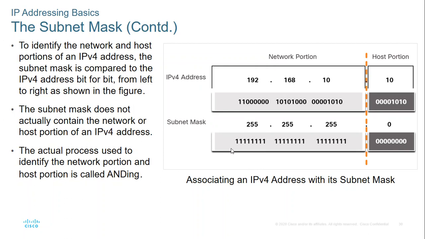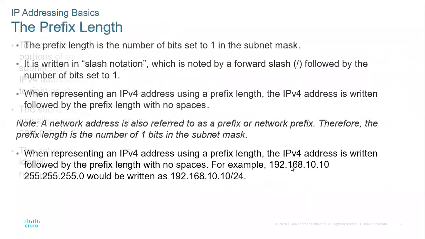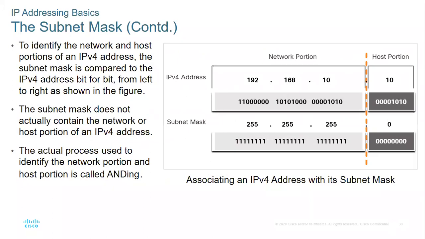That is what's called logical AND, okay? So when we do the ANDing here, what we're going to get in the end is the network, the network where the computer belongs, okay?